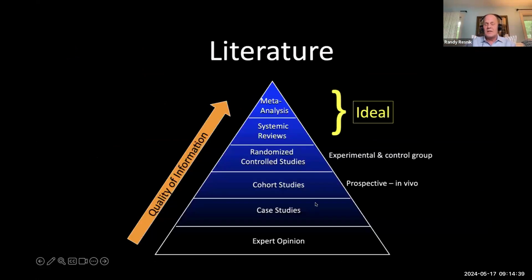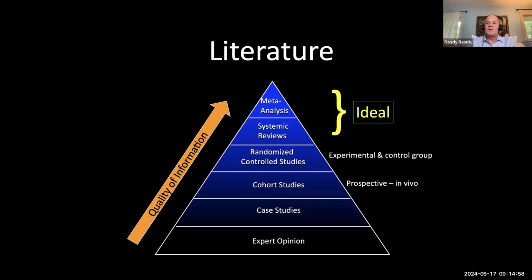As I went over last session, most of the literature are case studies or expert opinion. There's very few really good cohort studies, and with occlusion, it's hard to evaluate, say, hyperocclusion on patients.